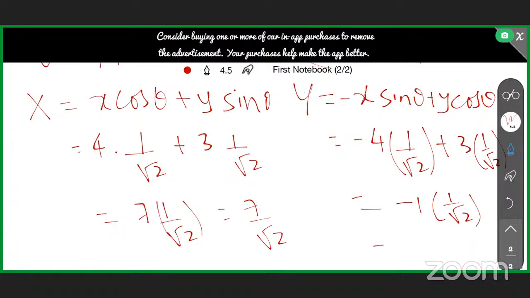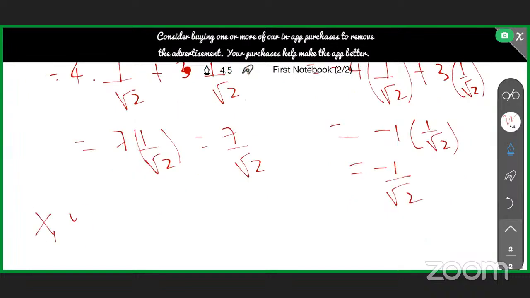So my X comma Y is 7 by root 2 comma minus 1 by root 2. Therefore, the point 7 comma 5 is getting translated into 7 by root 2 comma minus 1 by root 2.